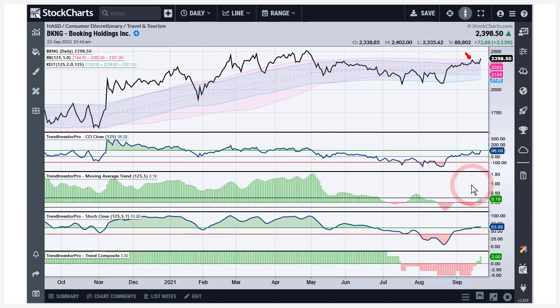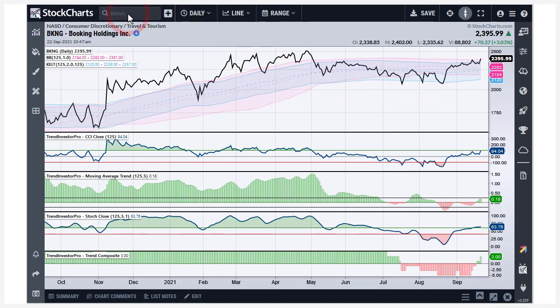Then the direction of the 125-day moving average turned positive, green there. And Stochastic close moved above 60 to trigger bullish. So that is 4 indicators triggering bullish. The only one yet to trigger would be CCI close, the commodity channel index based on closing prices. If it gets above 100, that's the signal that a new trend is emerging. So that's what an emerging uptrend looks like.